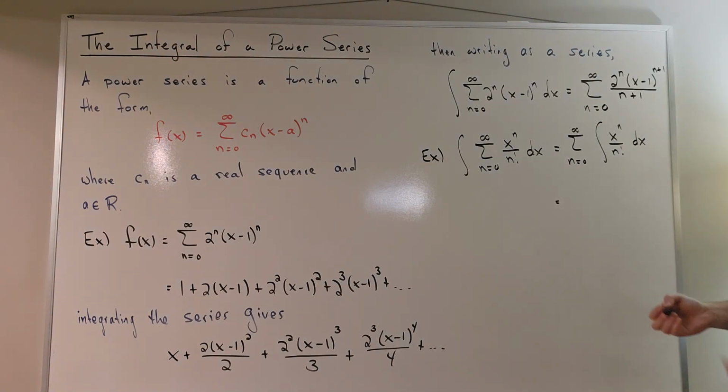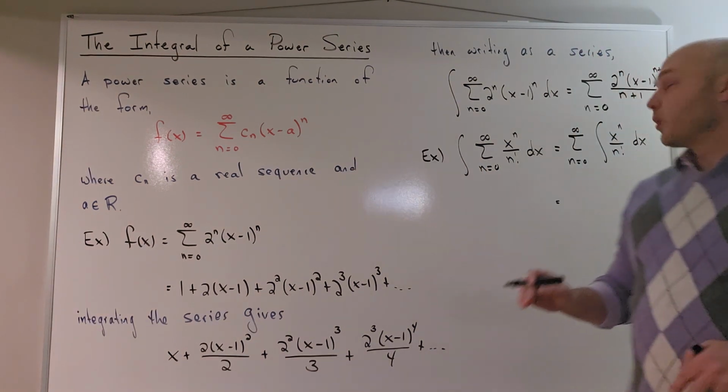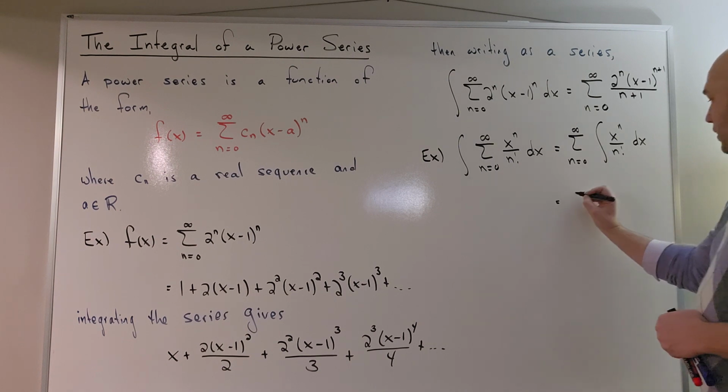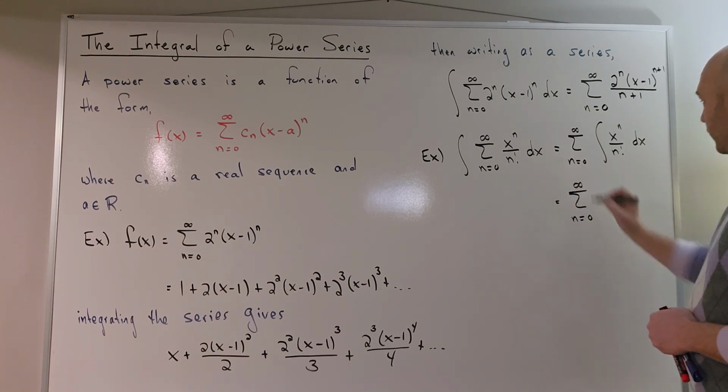So in other words, we can interchange summation and limits on its interval of convergence, but that's another story. Okay, so then this would be the sum from n equals 0 to infinity.